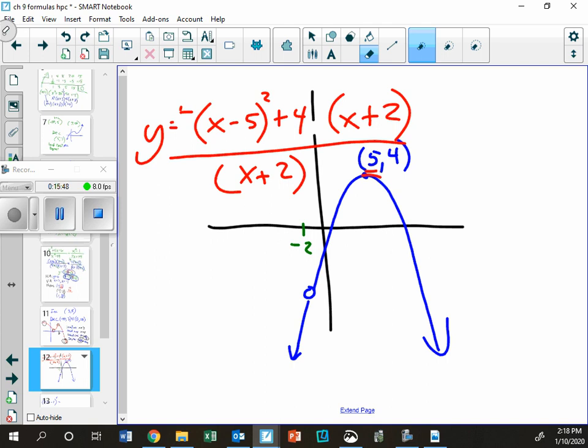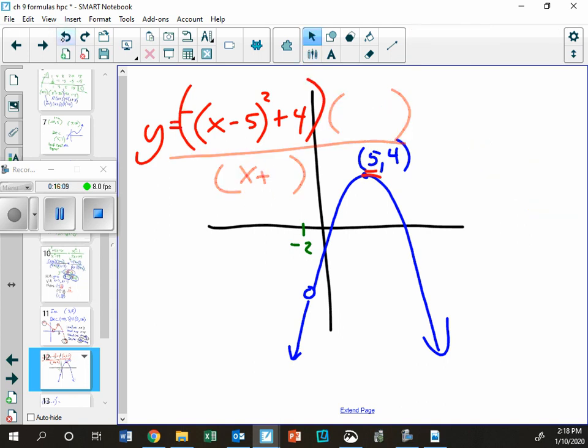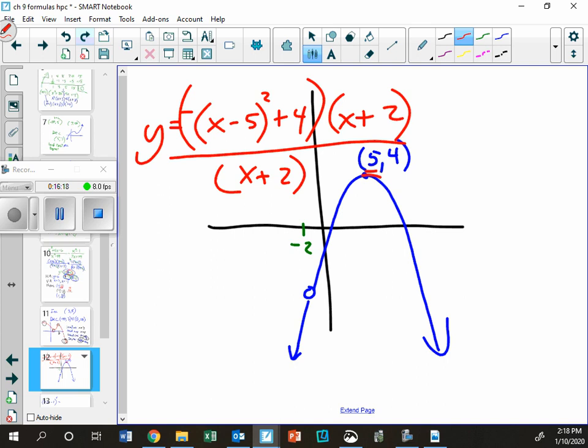Why? Good question. It would be like this. Would those x's be able to cancel? No, because the top isn't factored. So just take my advice. You can trust me, I'm not trying to hurt you. Put parentheses around it so that when you put the other parentheses up, it'll work. This way, these can cancel.